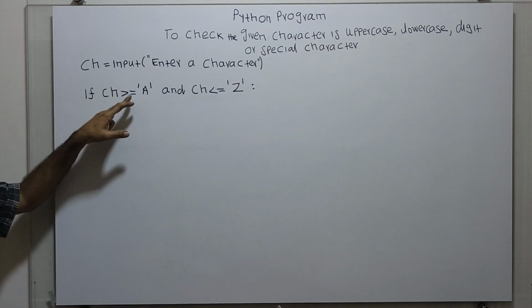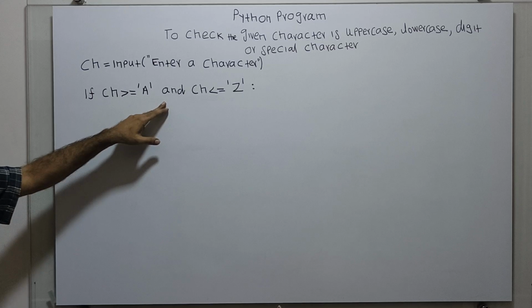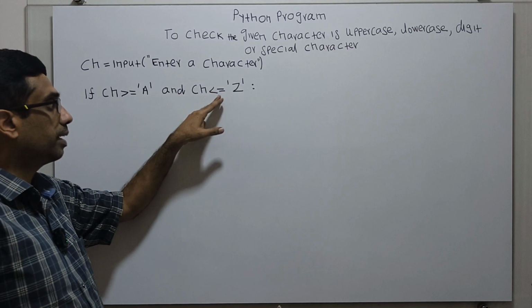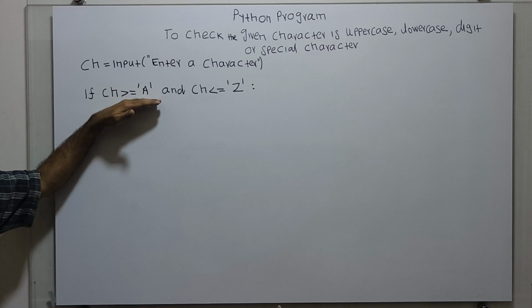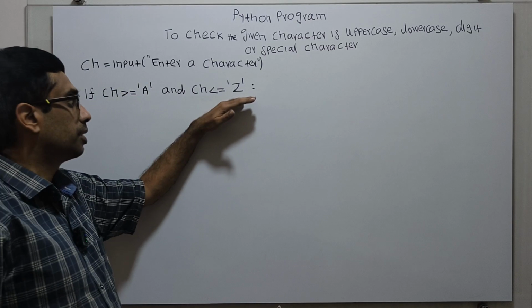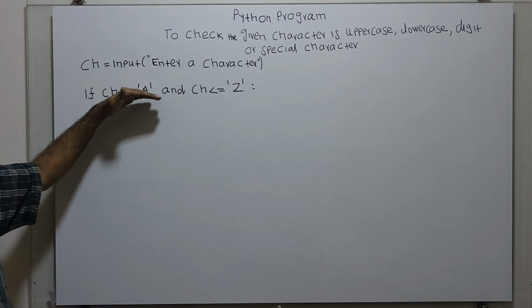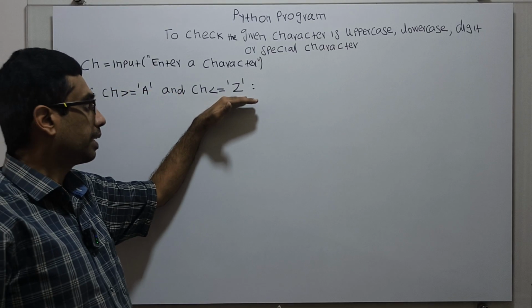So if the character is greater than or equal to A and less than or equal to Z, it means it is in the range of capital A to capital Z.